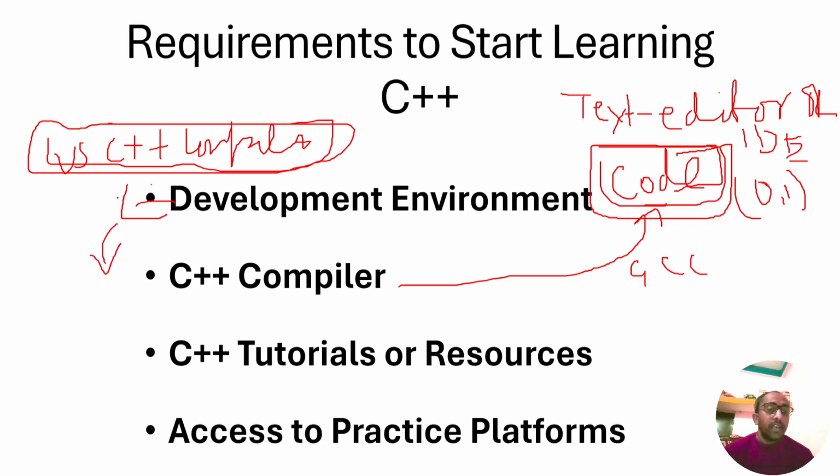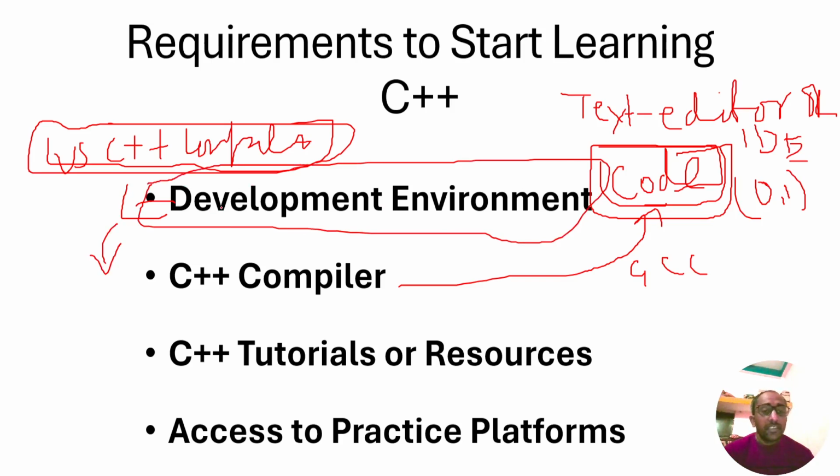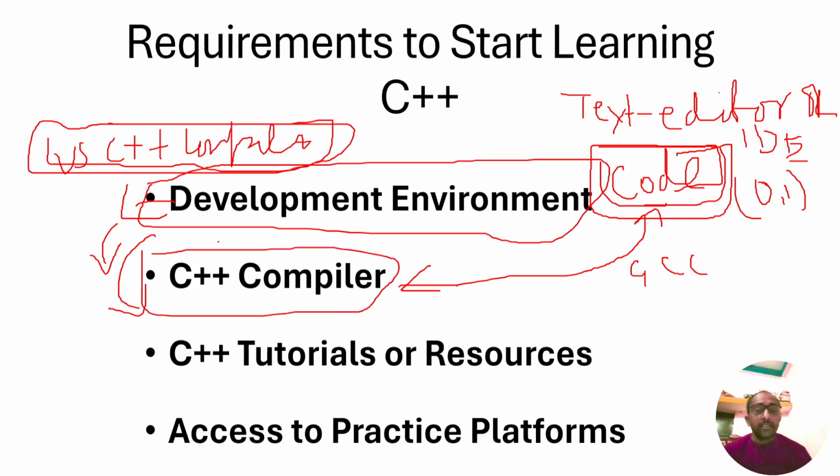When we write our code in an IDE or text editor, our compiler, the translator, converts our code into machine code. This is the additional tool we require. And the other thing is C++ tutorial resources.